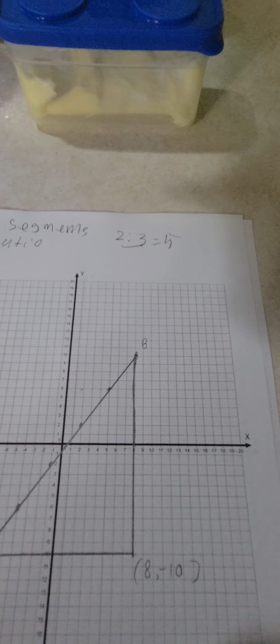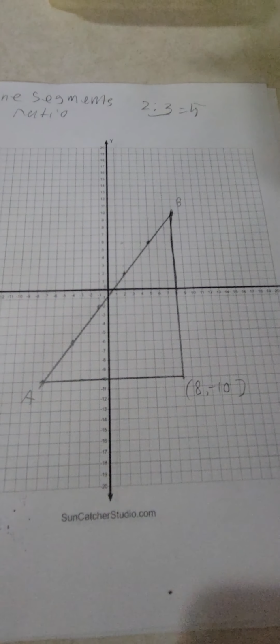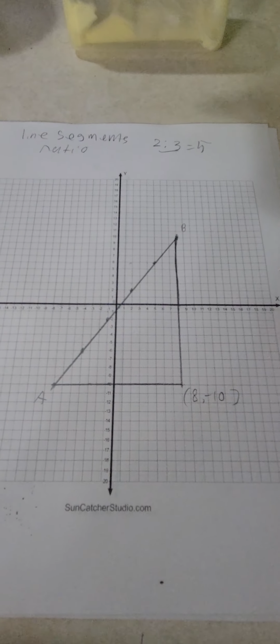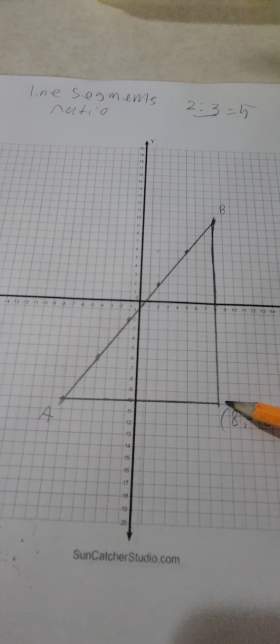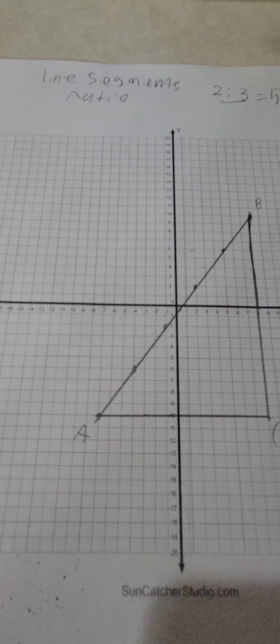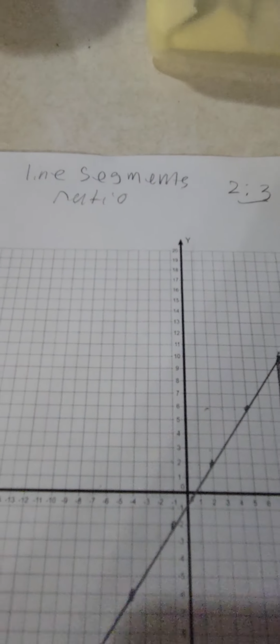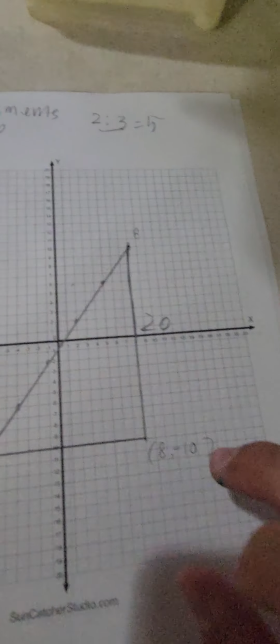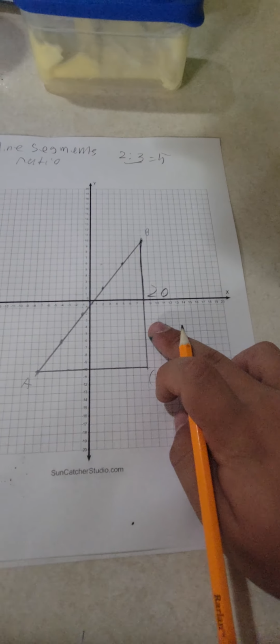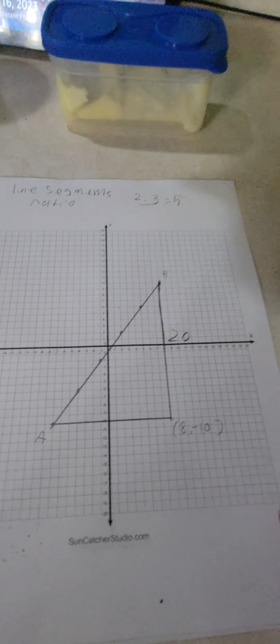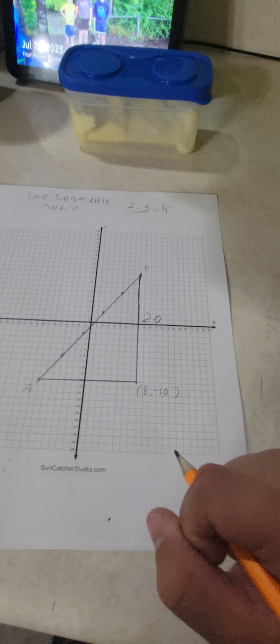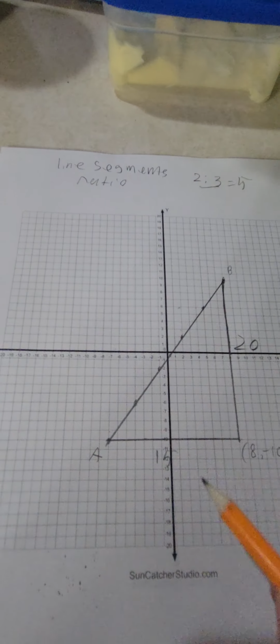And we can take our lengths. This is 20, because it goes from negative 10 all the way up to positive 10. So the distance of this side of the triangle is 20 units. And then from negative 7 to positive 8, that is 15.